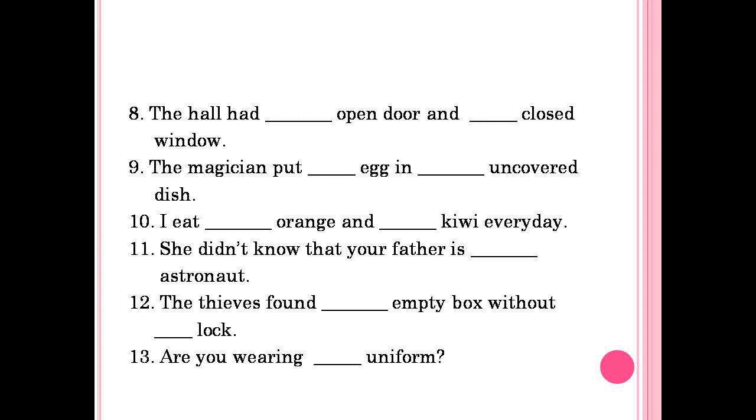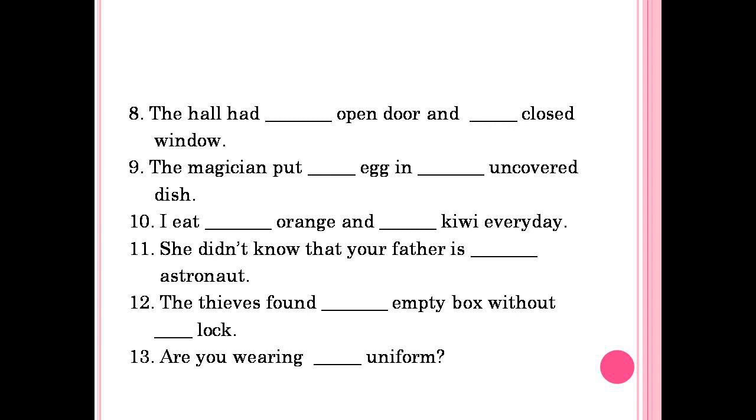Number 11. She didn't know that your father is dash astronaut. Astronaut, A. So that is a vowel sound. She did not know that your father is an astronaut. Number 12.